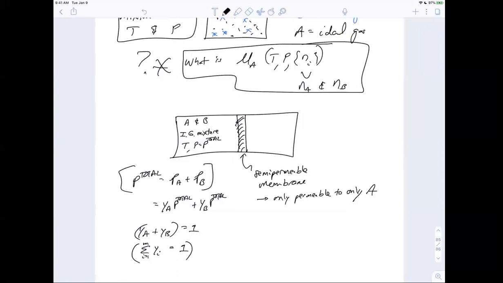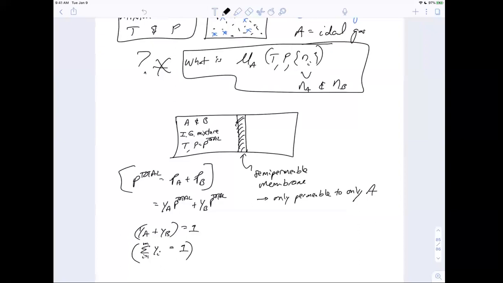So A can go over all the volume that's included in both sides of this container. B is only left on the left-hand side because this membrane is not permeable to B.